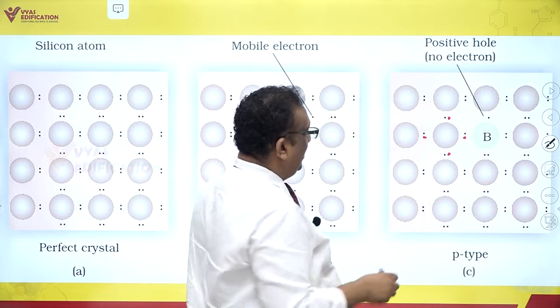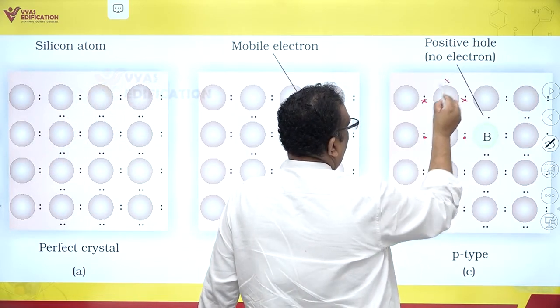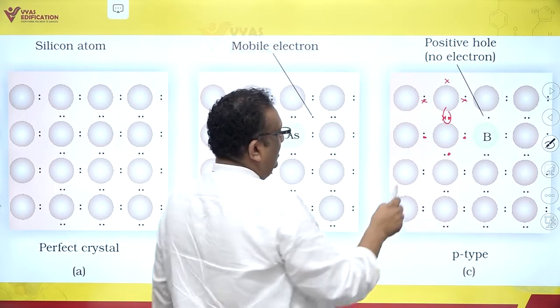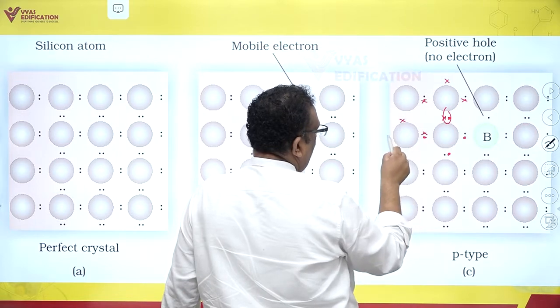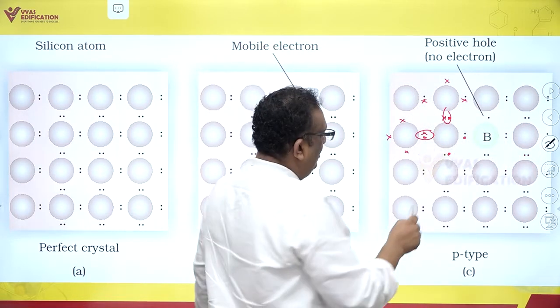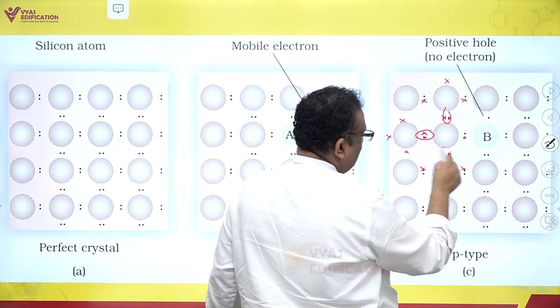And since the neighbor also has 1, 2, 3, 4 electrons, when they form a bond, this has 2 electrons. 1, 2, 3, 4, this is a bond.